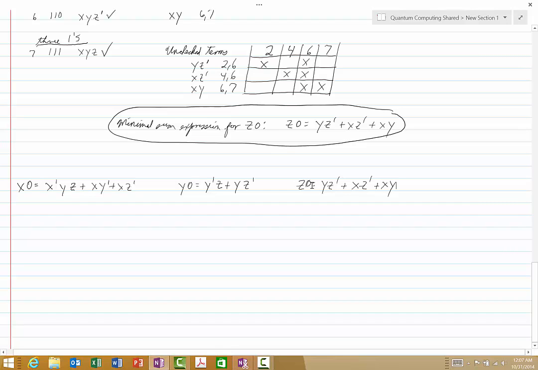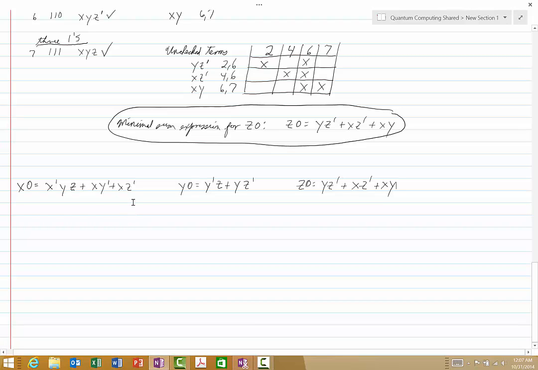Hopefully, we will be able to generate those in an efficient way, and also in a way that does not destroy the availability of X, Y, and Z. And you'll see what I mean by that in just a moment.